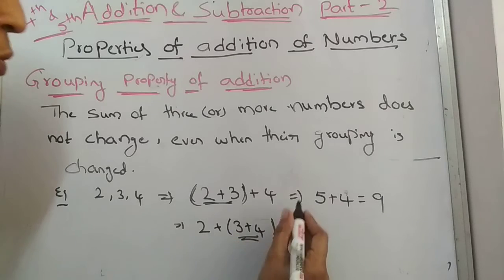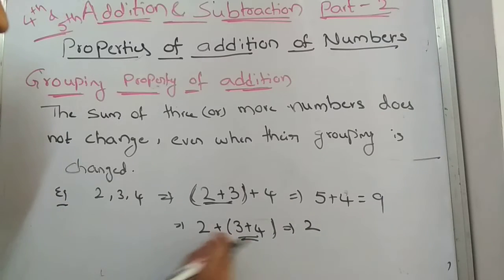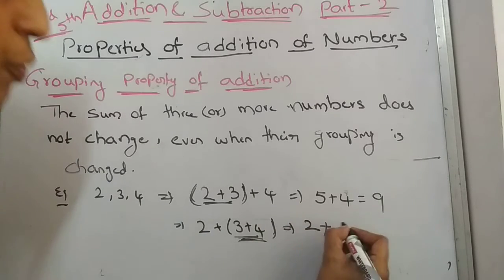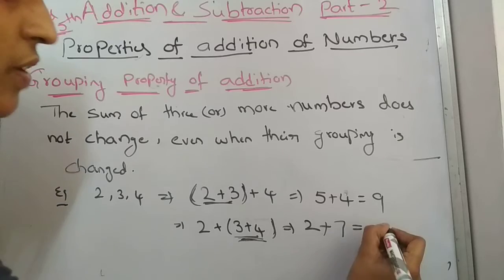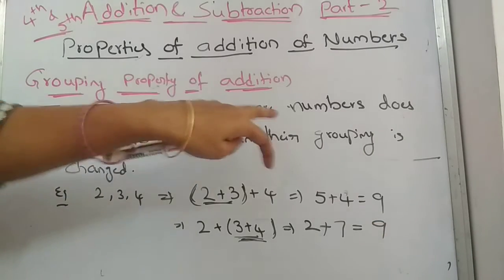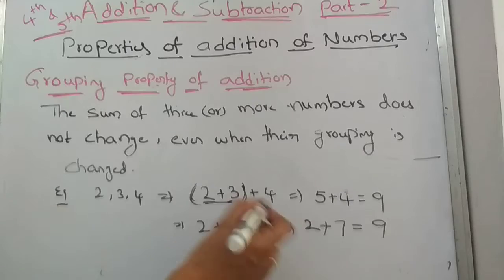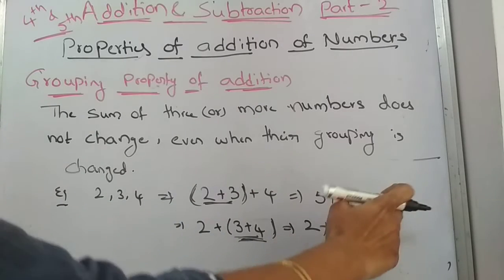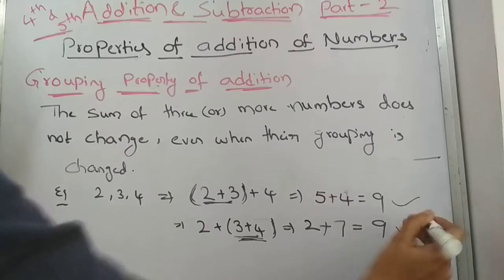Okay, 2 plus, we can write it like this. After that, first you finish the bracket. 3 plus 4 means 7. 2 plus 7 equals 9. So what we observe is that the sum of 3 or more numbers does not change. Here also 9, here also 9.